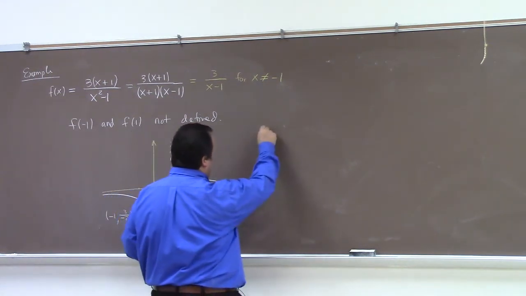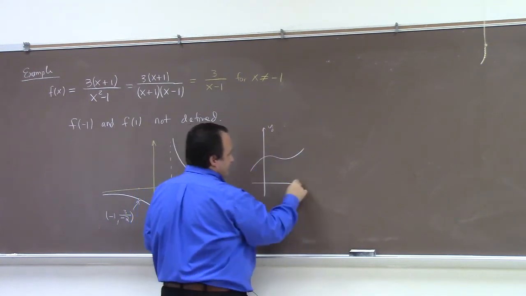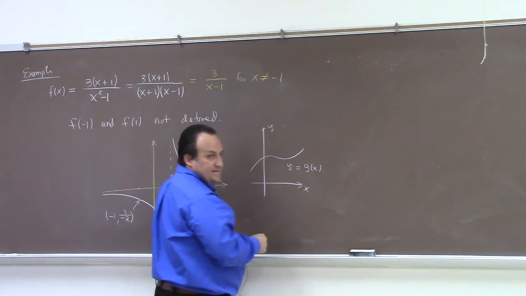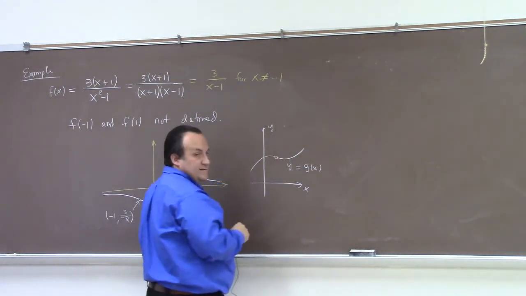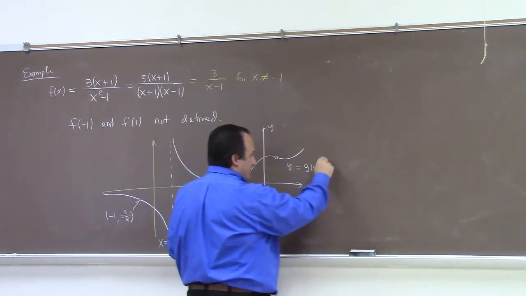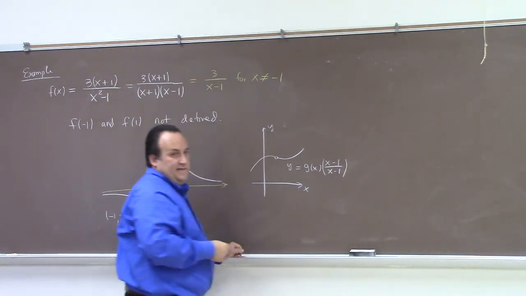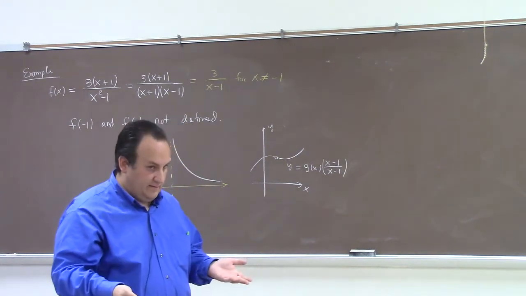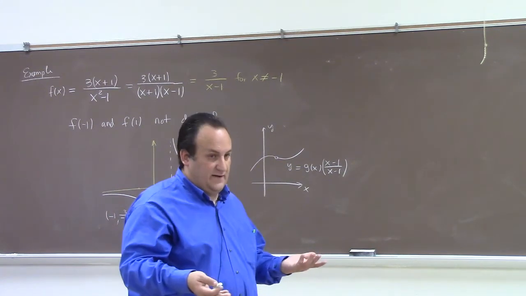Like, for example, if my function was like this, and I wanted to put a hole right here, all I do is take the formula I was given and multiply by x minus 1 over x minus 1. That expression is 1 everywhere except for 1 where it's just not defined.